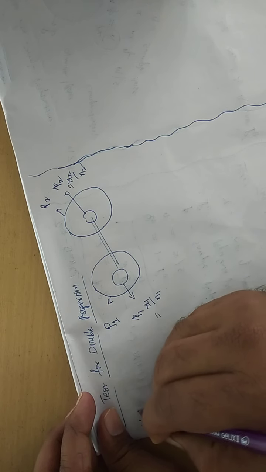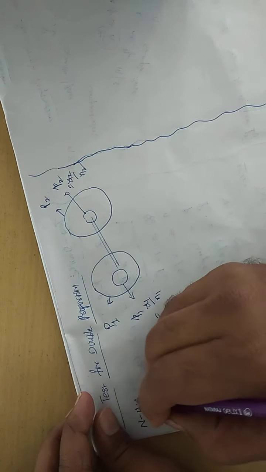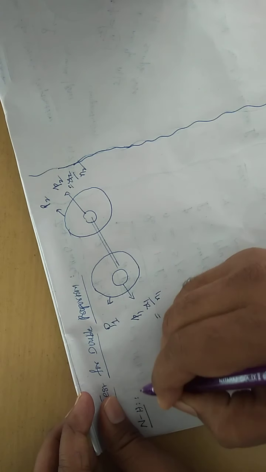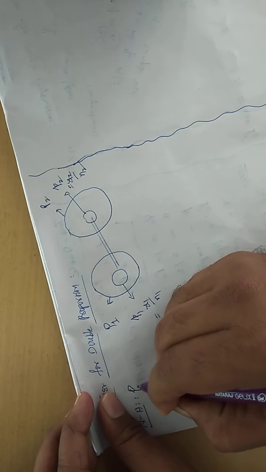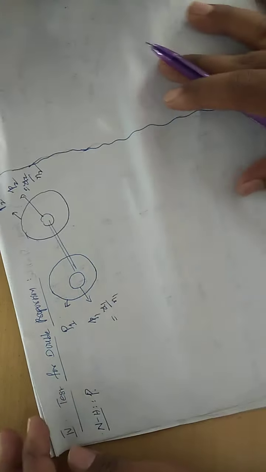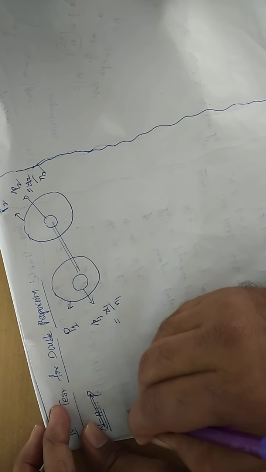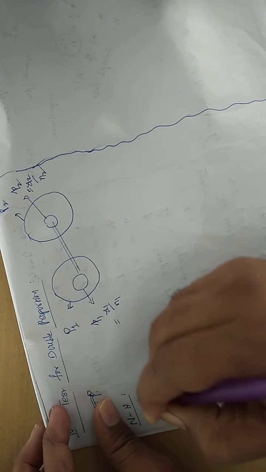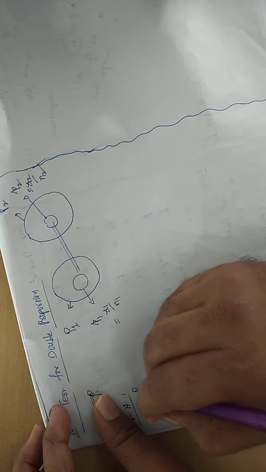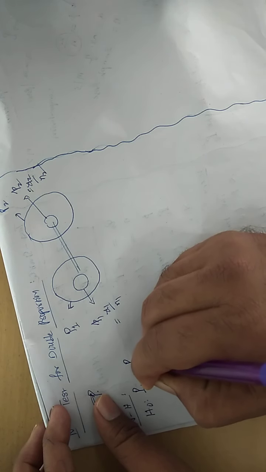Then what is the null hypothesis going to be? Very, very important. The null hypothesis is H naught: capital P1 is equal to capital P2.